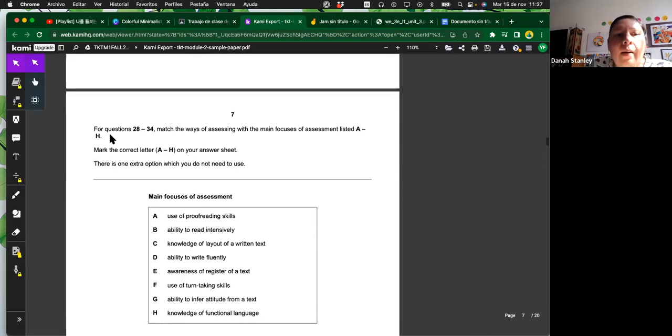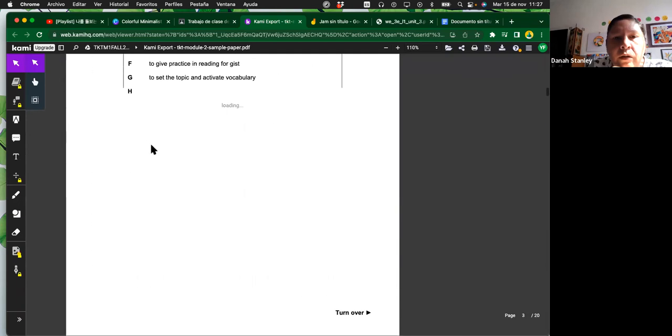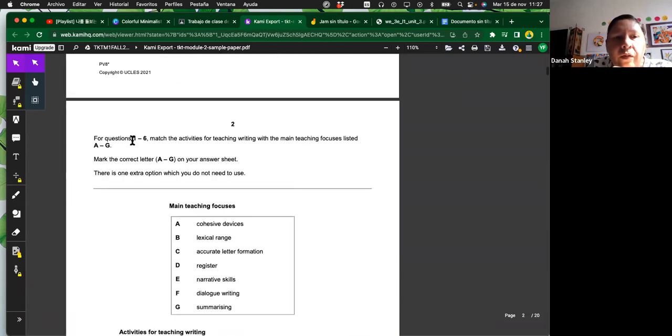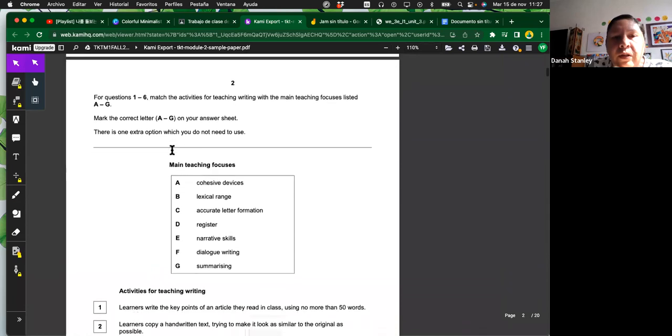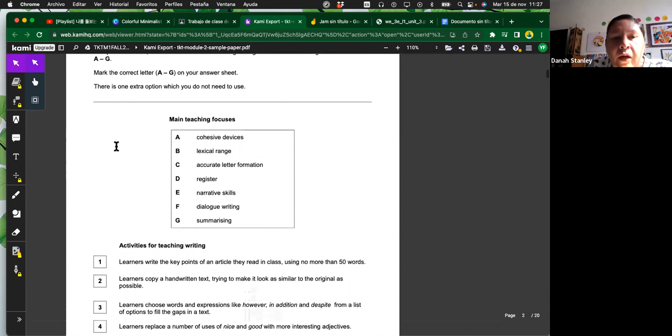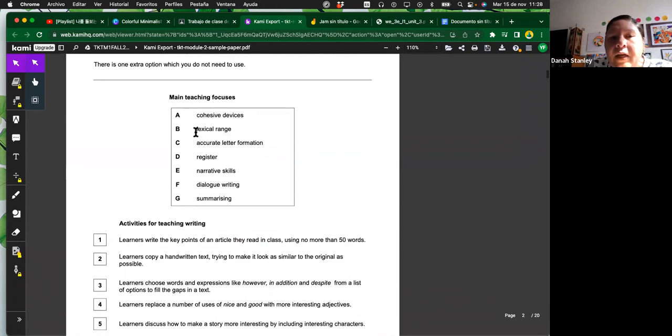Dice, for questions 1 to 6, match activities for teaching writing with the main teaching focuses listed A to G. Cohesive devices, lexical range. También it also comes from module 1.